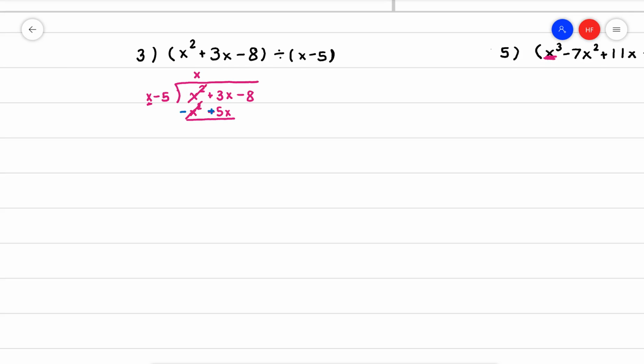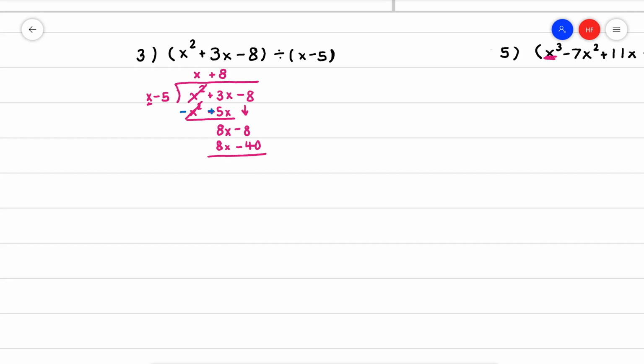x squared minus x squared will cancel. 3x plus 5x is 8x. And then we bring down that minus 8. Now x into 8x, we would need times 8. And then 8 times negative 5 is negative 40.